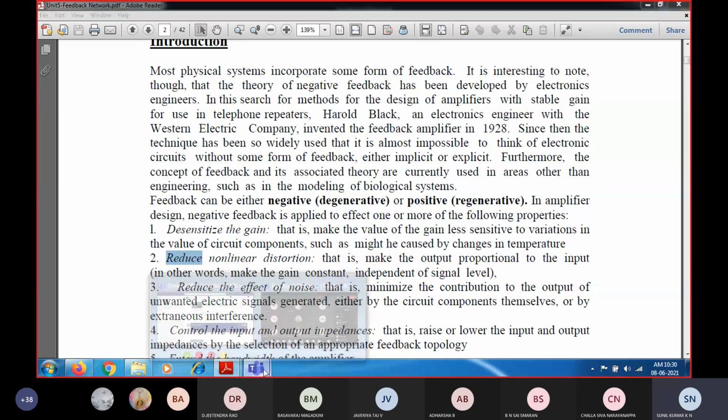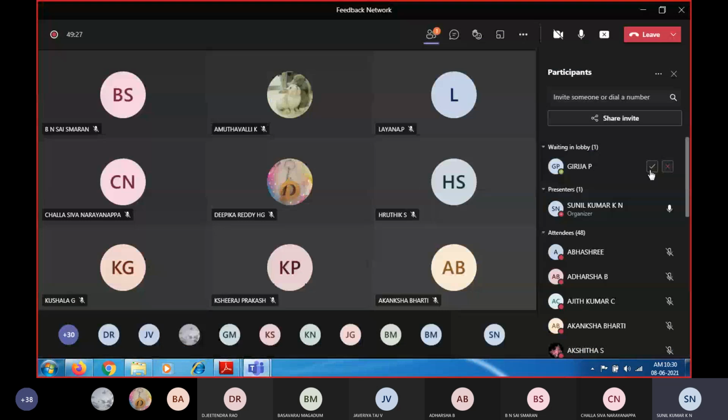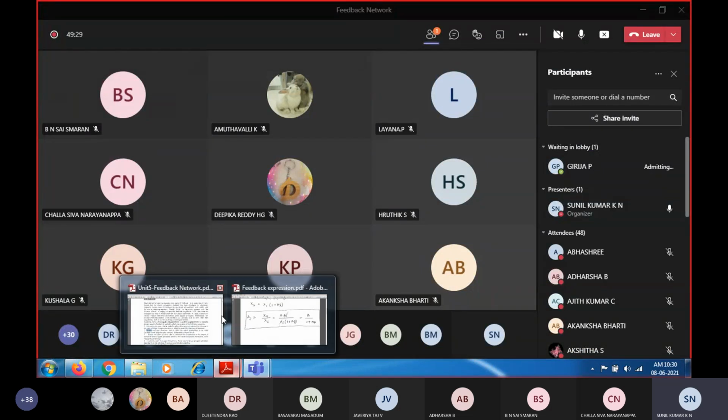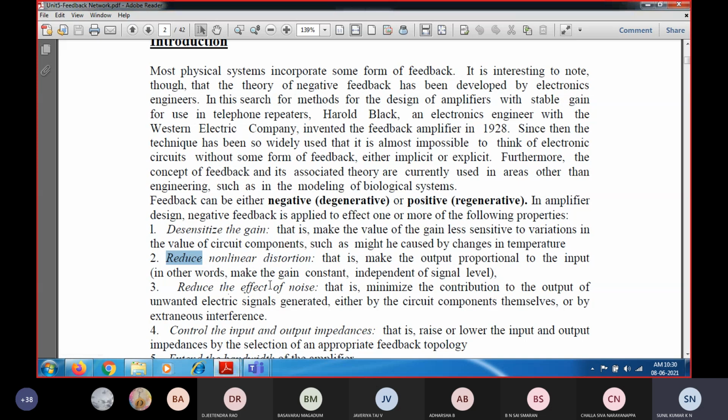Since we have electronic components, your transistor, diode, or any such component, all will have non-linear behavior. So when you use them in the amplifier circuit, you may exhibit non-linear behavior or non-linear distortion may take place.